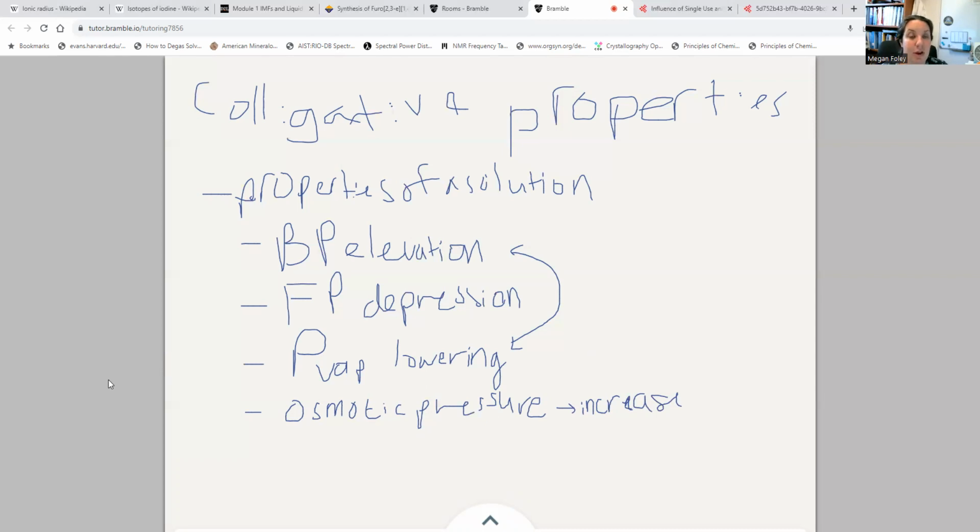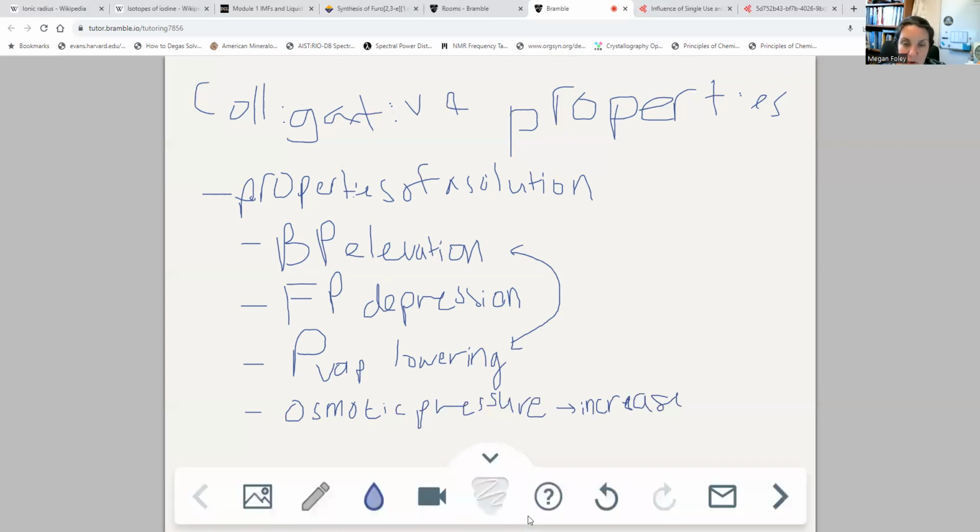It is also considered the pressure that needs to be applied to stop osmosis. So those are the 2 ways we look at osmotic pressure. A solution that has a large concentration of solute particles will have a higher osmotic pressure than a solution that has a lower concentration of solute particles. We have equations that we're going to use to relate each one of these.